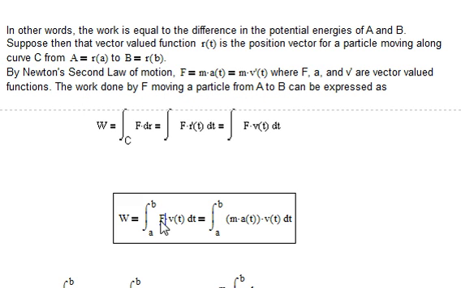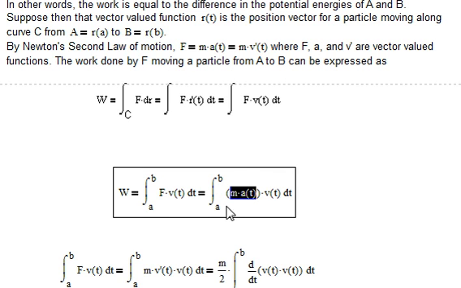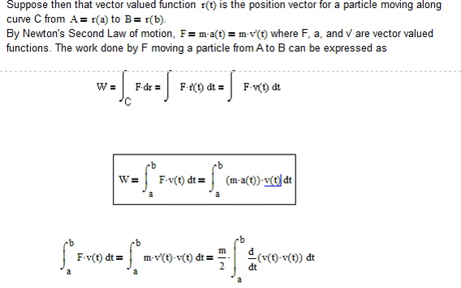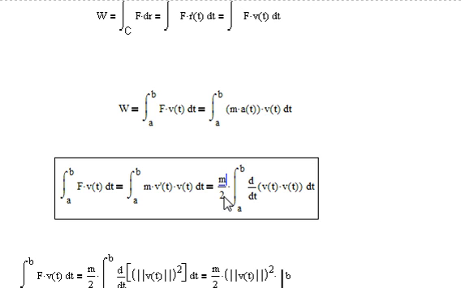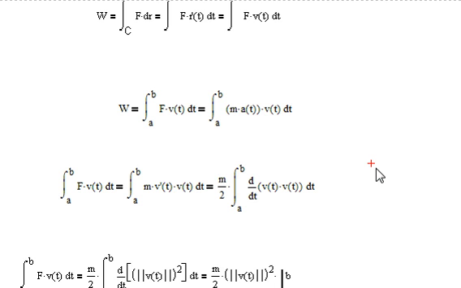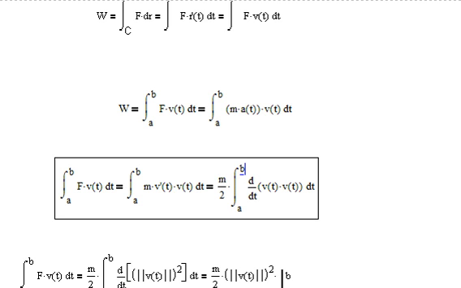Remember, recalling that F is m times a, so there's that part, and here's the velocity vector times dt. This is actually a dot product. Actually, the dt is just part of the integral. And so when we do that, we get 1/2 as a constant times the derivative of the velocity vector dotted with itself, dt, integral going from A to B.